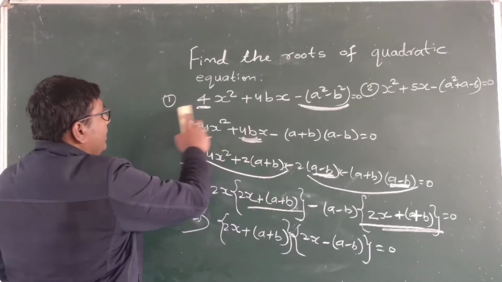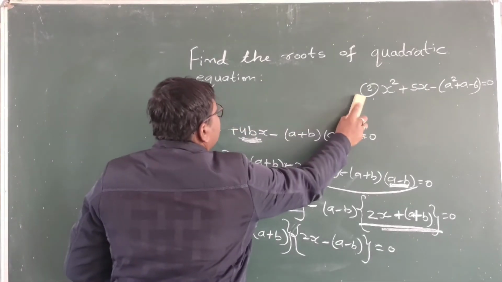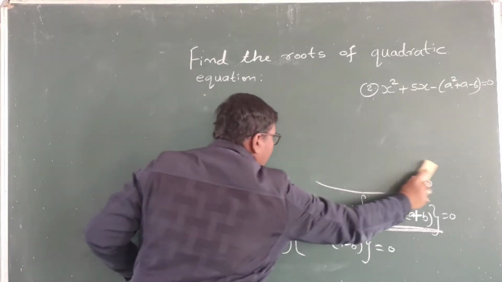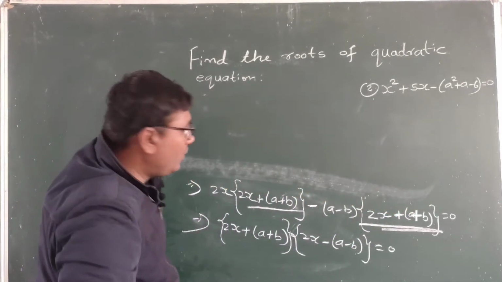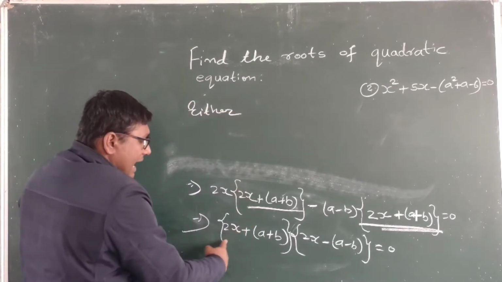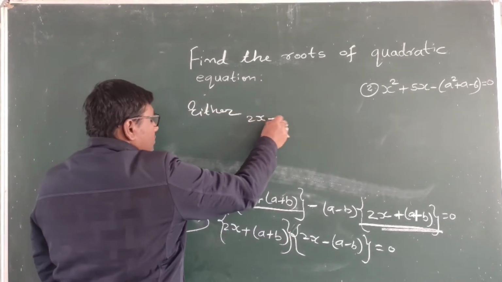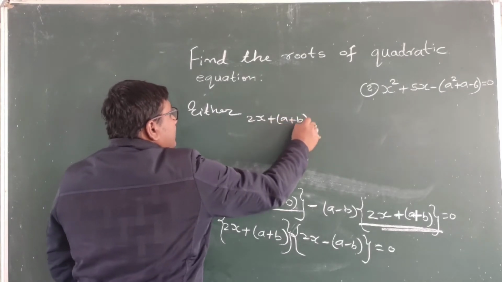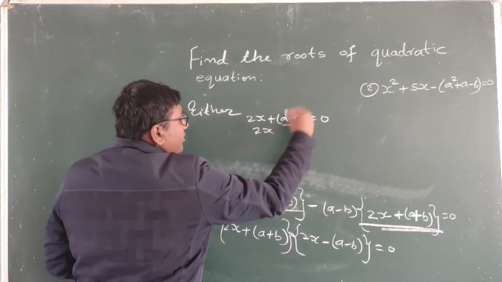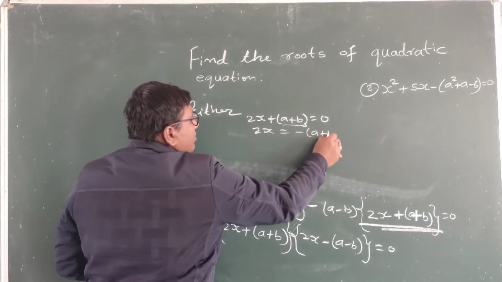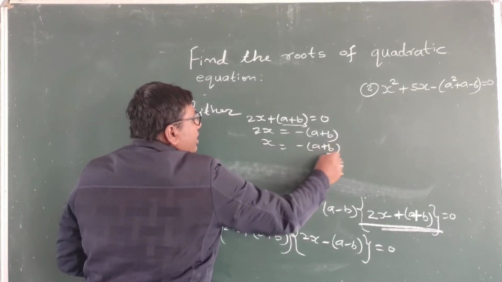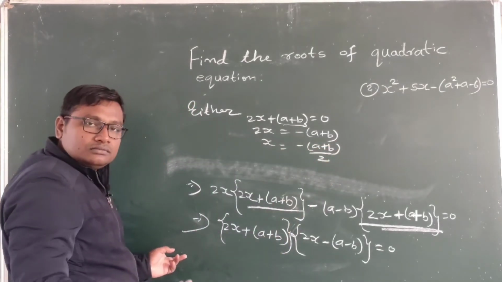Now I am going to erase this. So either this term will be 0, then the value of x will be, this will go to that side and become minus, so the value of x is minus a plus b divided by 2. Very easy.